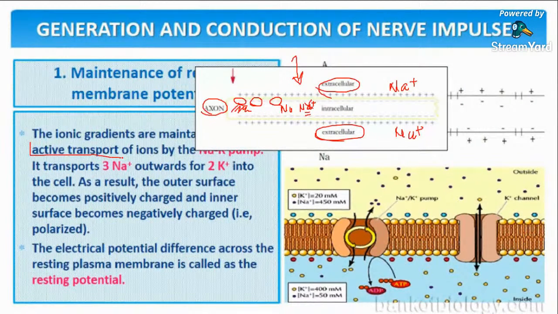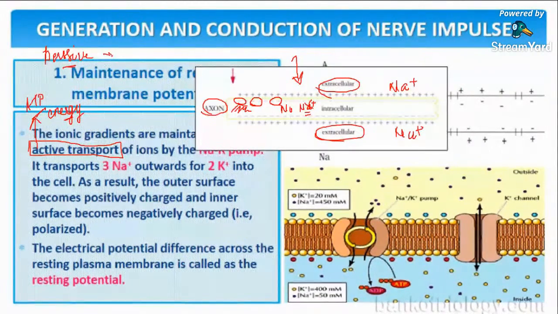What do you mean by active transport? Active transport means the transport takes place only if we provide energy. We studied in the digestion chapter about active and passive diffusion.